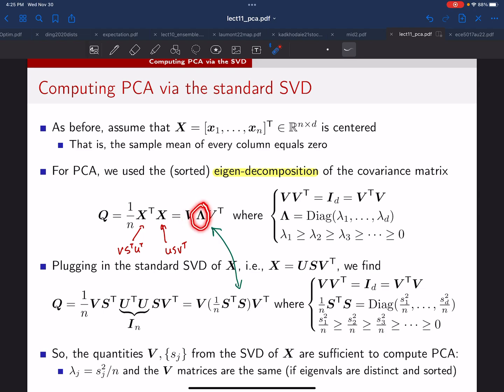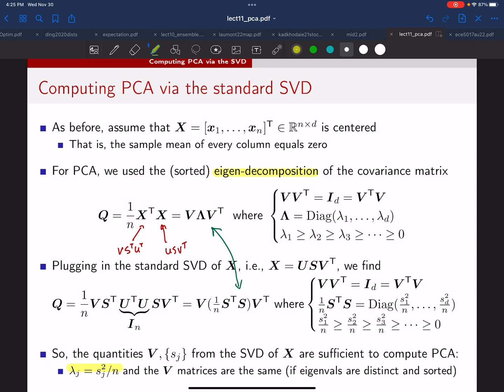And in the middle, we have a matrix of non-negative real numbers, and that's going to be the same here. This is also going to be a diagonal matrix with non-negative numbers. So now we can see exactly the connection between the eigenvalues and the singular values. Turns out that the ith singular value squared over n is the ith eigenvalue. So that's it.